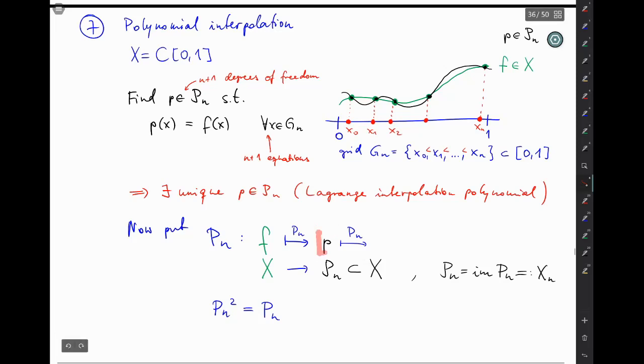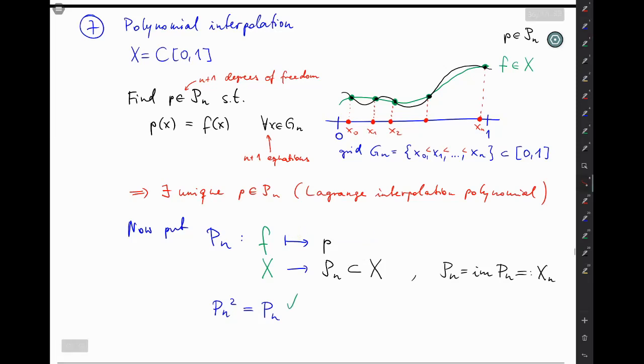But p is already a polynomial of degree at most n, and apparently the solution is unique, so the result in the end must be p again. So indeed we see that applying P_n twice gives you the same as applying P_n once. So we can tick this box here.